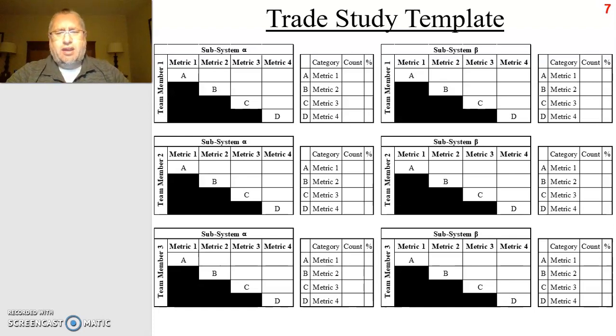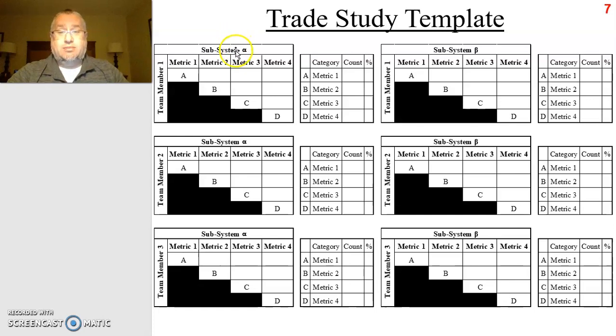Here's what the trade study templates look like, and they'll look the same when you grab them off of Microsoft Excel. The key thing to note is that each subsystem gets its own template. Remember, you probably have somewhere between 5 to maybe even 8 or 9 subsystems for your designs.